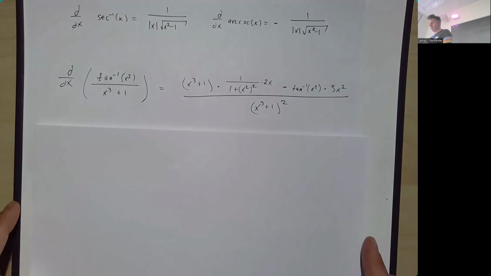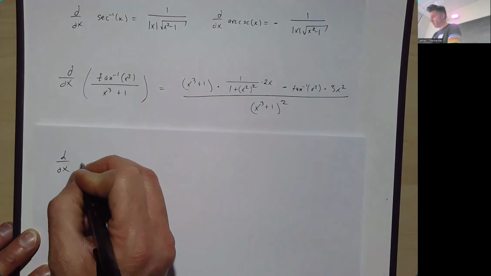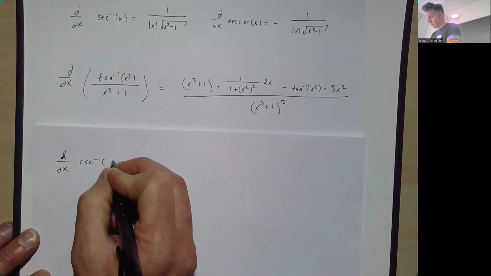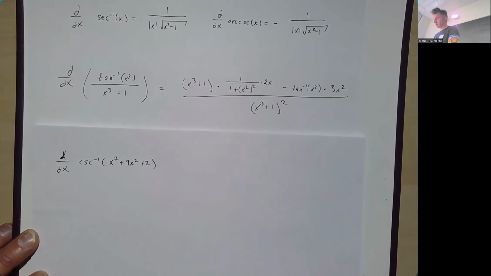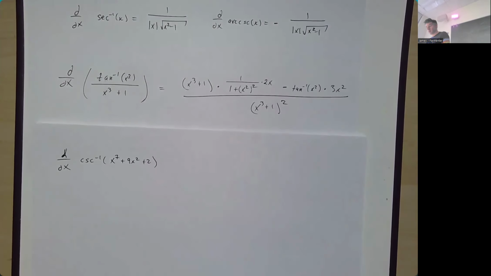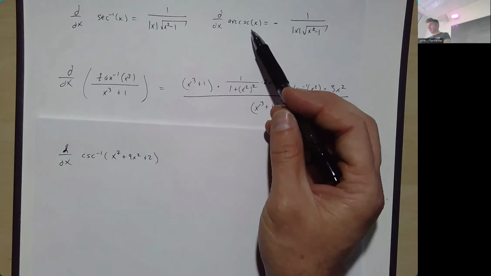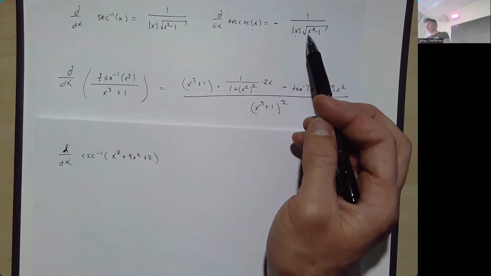Let's say we wanted to find the derivative of the inverse cosecant of x to the 7th plus 9x squared plus... I'm just looking at my formula. I know the derivative of the inverse cosecant is -1 over the absolute value of x times the square root of x squared minus 1.